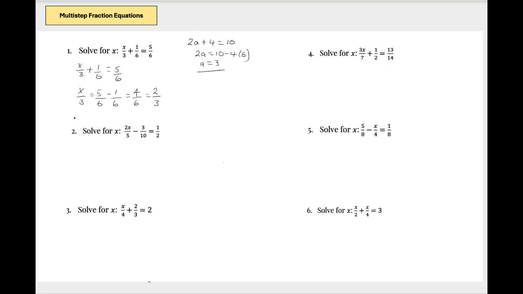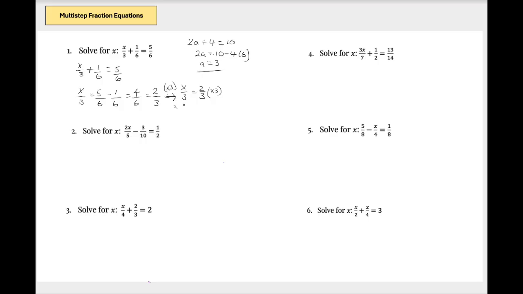So the final step to find x, there, is x over 3 now equals 2 over 3. And what you need to do is you need to times both sides by 3 to get our x on its own.